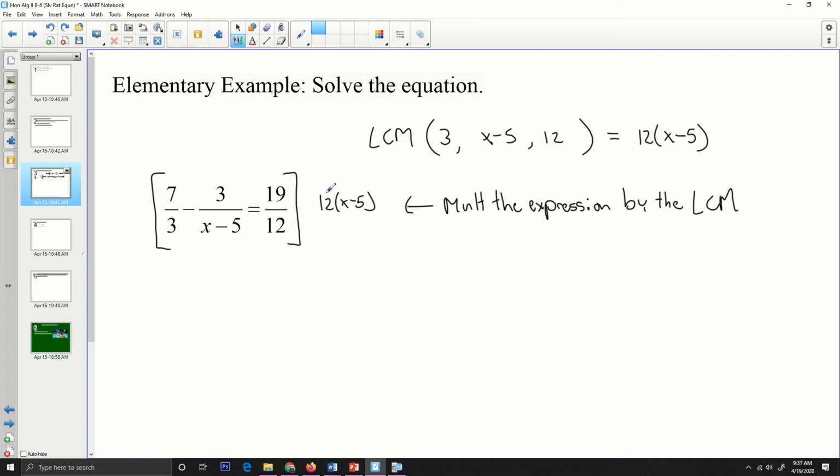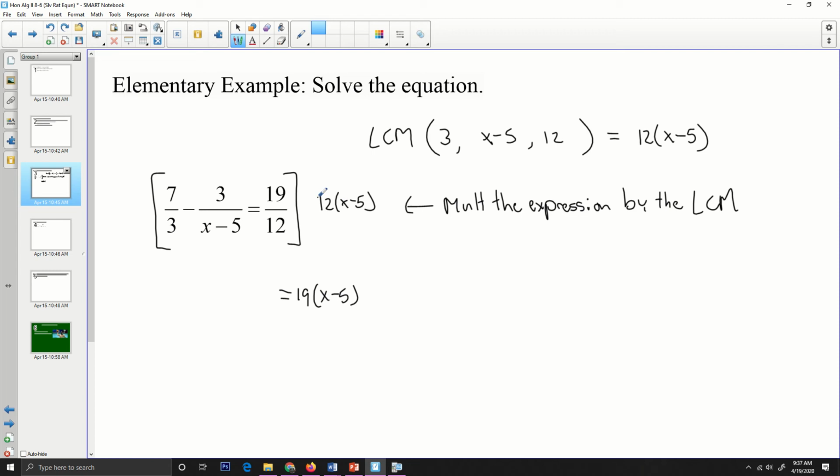So when I multiply 12 times x minus 5 times 19 over 12, the 12 is going to cancel. So I will be left with 19 times x minus 5.